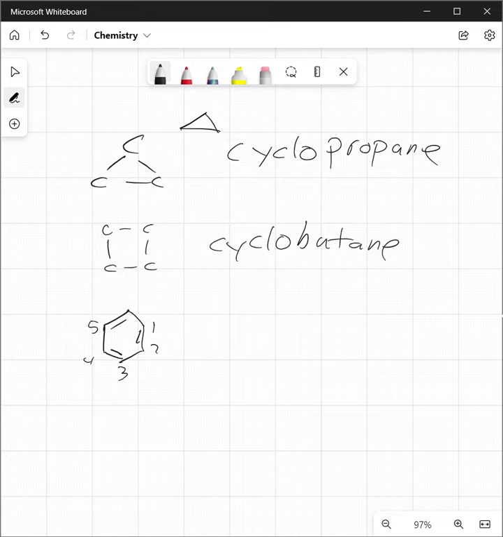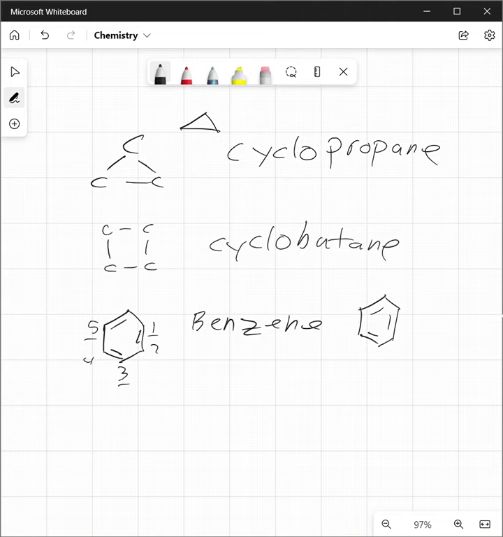So 1, 3, 5 cyclohexene. But the term we use all the time is benzene. I don't know where that came from, but a 6 carbon ring with alternating double bonds is benzene.